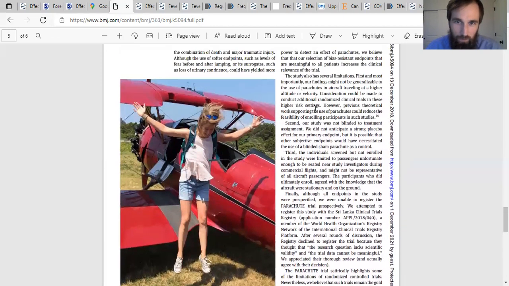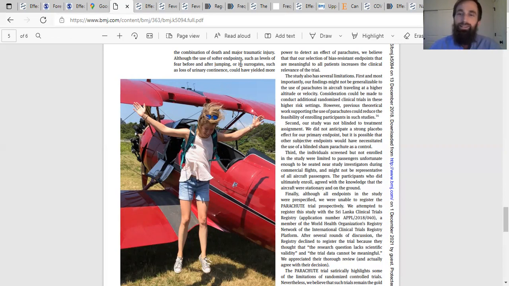And if you read through this, it's pretty interesting. They're saying parachutes need a randomized controlled trial to basically prove that they're effective in preventing trauma and death. Now they're highlighting the illogicalness of people who say, oh well, with natural remedies, oh well, that doesn't work.